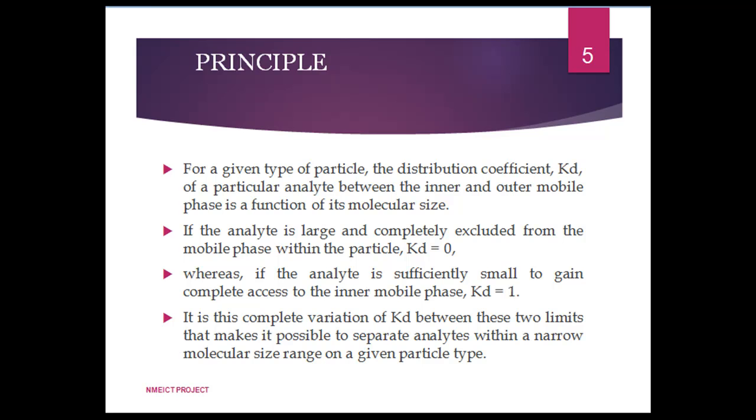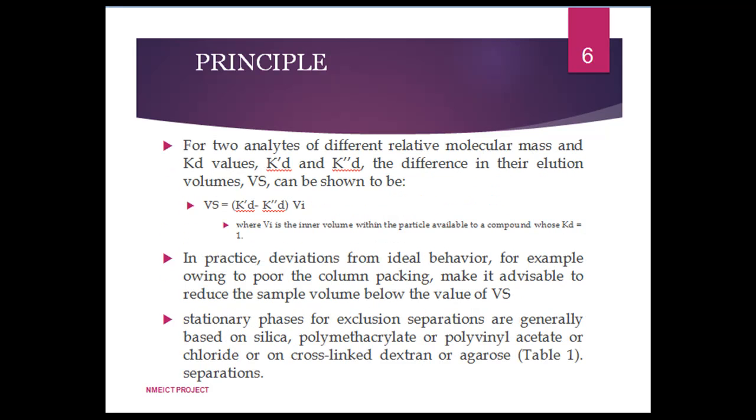The difference in the elution volume, Vs, can be shown as Vs equal to the difference of their partition coefficients, that is Kd2 minus Kd1, multiplied by Vi, where Vi is the inner volume within the particle available to the compound whose Kd is equal to 1.